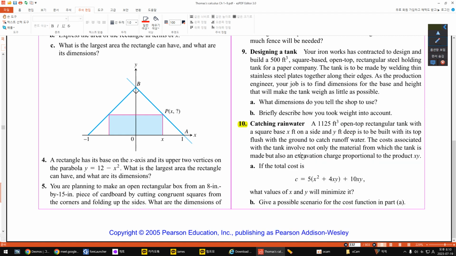So in number 10, we want to find the cost, x and y value, which make this cost minimum.